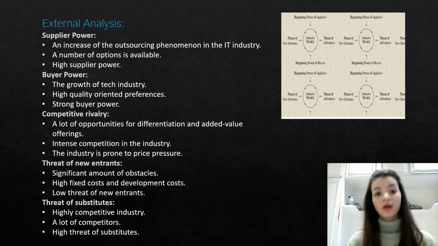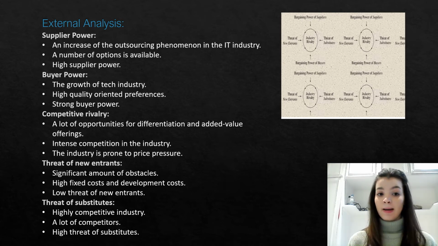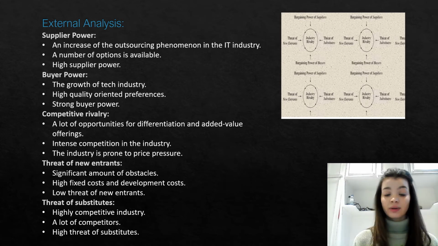Moving to buyer power, the growth of the tech industry is incredible, and it keeps growing over time, which makes customers have high quality oriented preferences, and this makes the buyer power very strong.